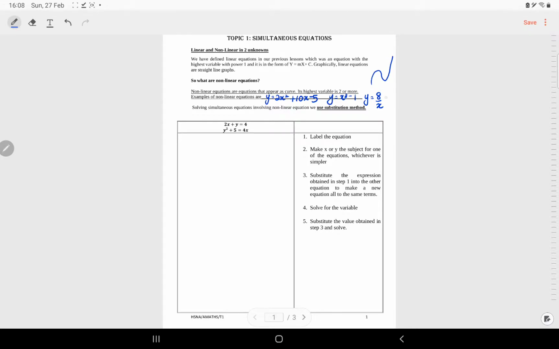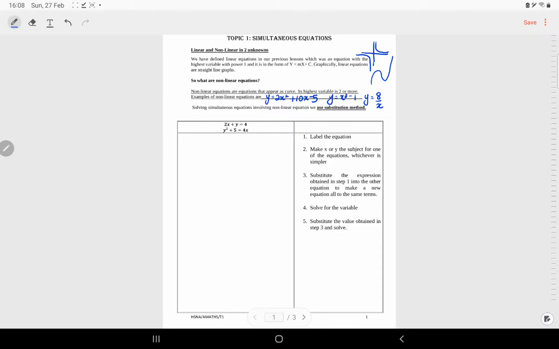Any guess how the graph of 8 over x looks? Well, it has two parts. It looks something like that. We will come across these functions in later topics, but now these are examples of non-linear equations.